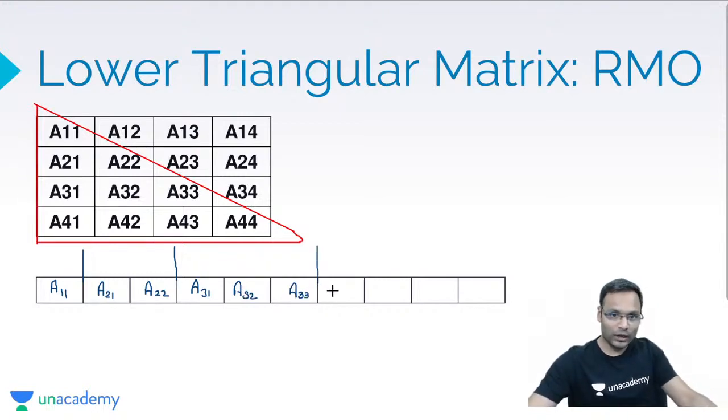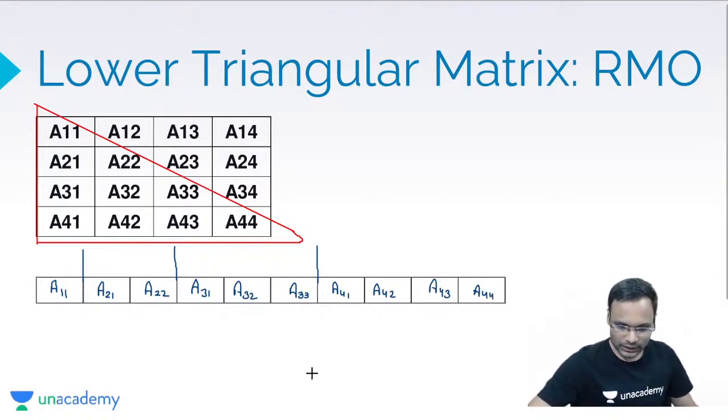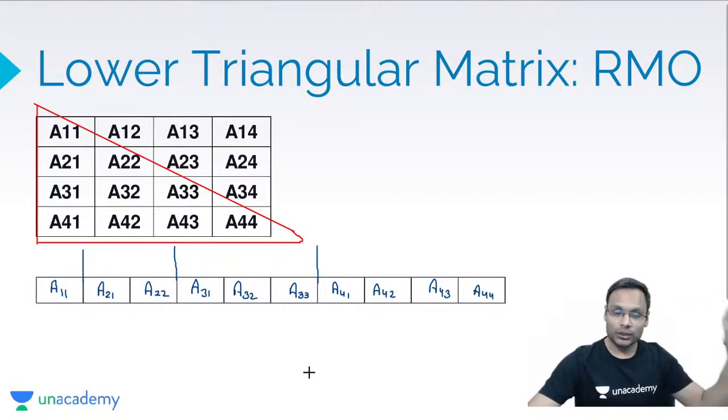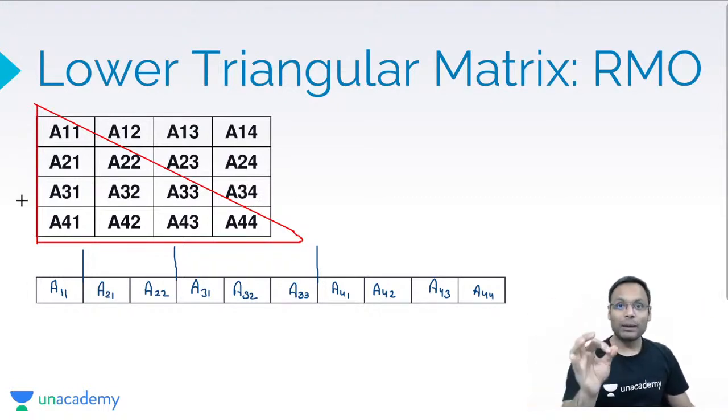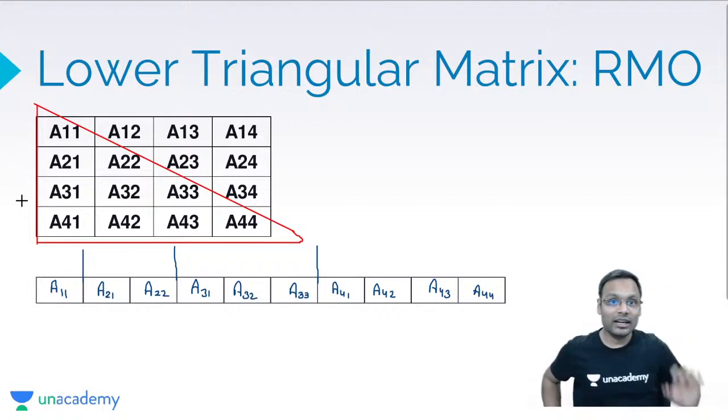And the last row will have four elements, 41, 42, 43, 44. That's good. Understood?